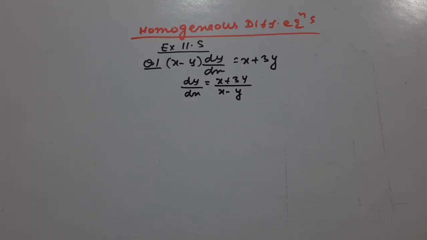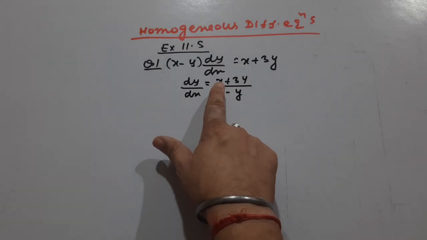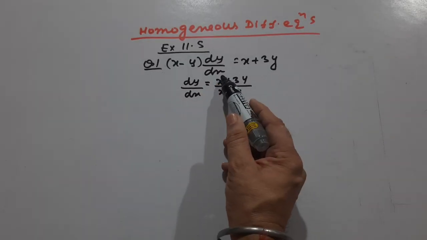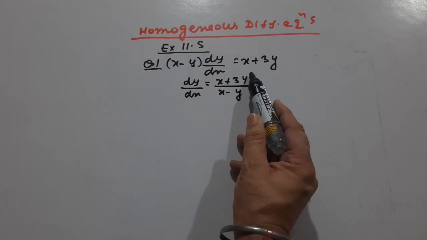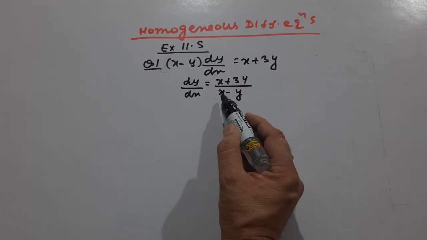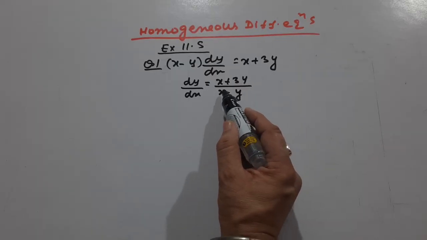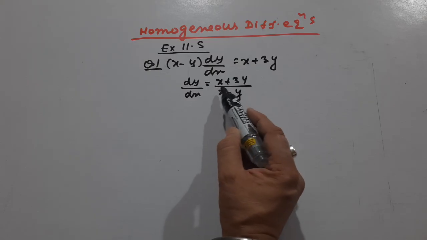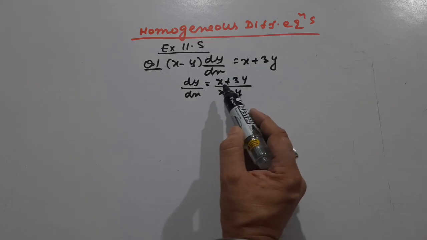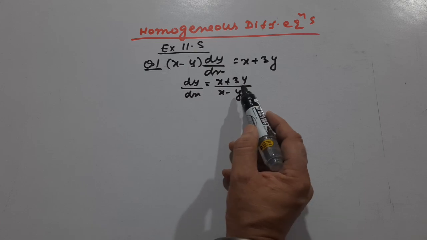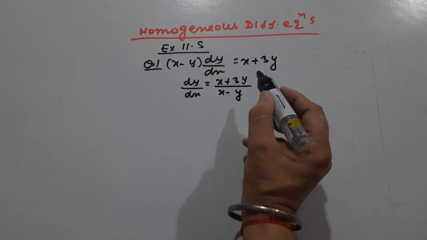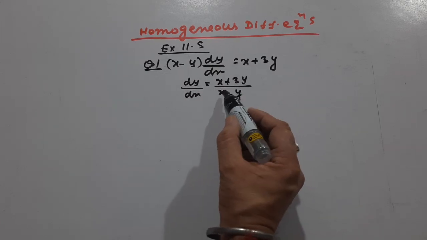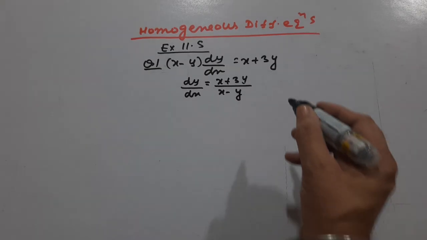Now students, the degree of x is 1 and the degree of y is 1 in the numerator, and in the denominator also the degree of x is 1 and the degree of y is 1. So we can see that the degree of x and y in the numerator and in the denominator is the same. It is 1 throughout, in the numerator and also in the denominator.